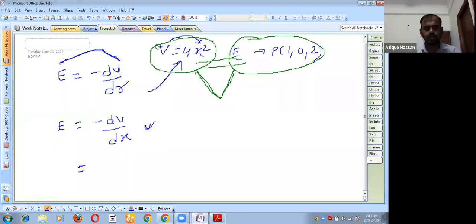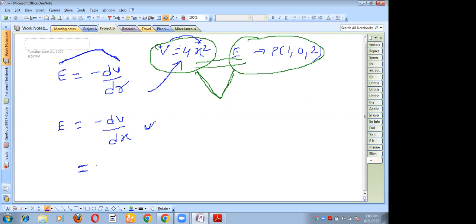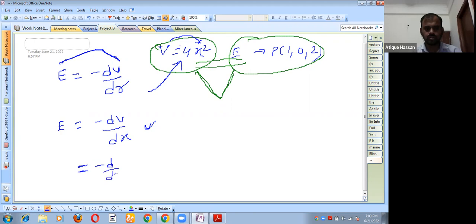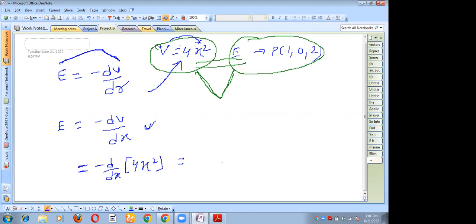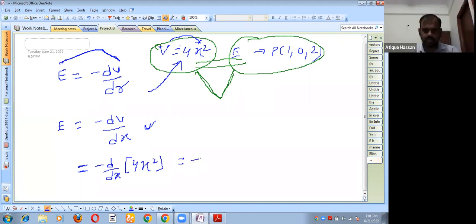So now our work has been reduced. We have to put the formula for V, which is 4x square. Now can you differentiate it? Yes, sir. Tell me what will be the differentiation? Minus 8x.